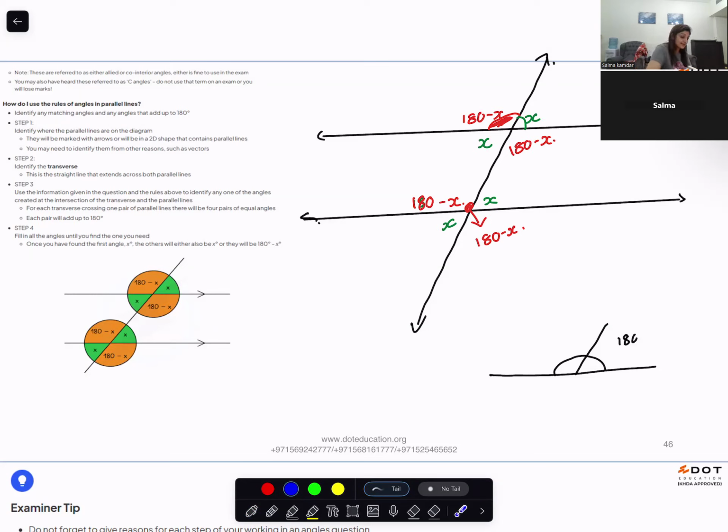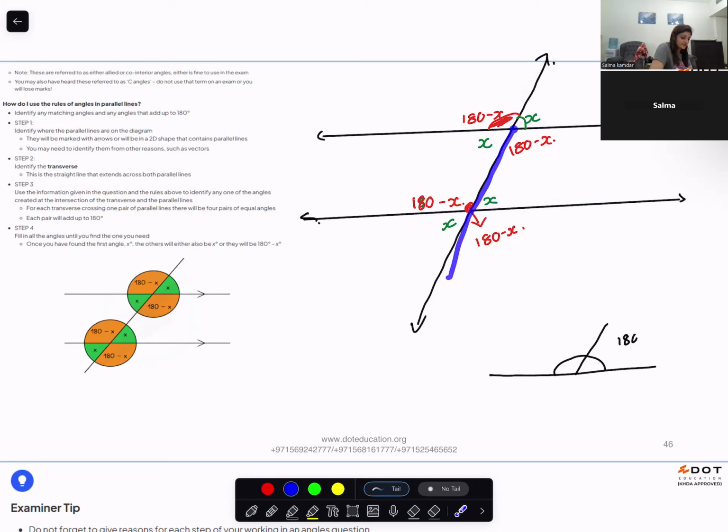We can use Z, alternate angles. Alternate angles are equal. See, they are equal. F: corresponding angles are equal.